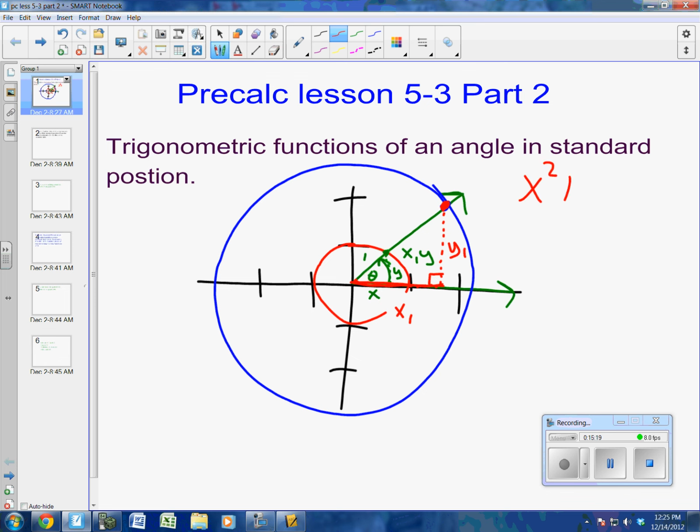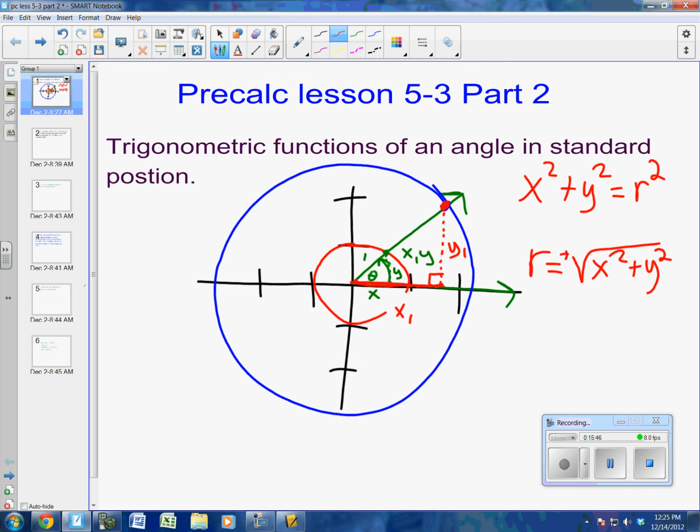Well, you guys remember the Pythagorean theorem? We'll call that the radius, because that's the radius of a circle. We can use the Pythagorean theorem because we have this distance here, the y distance, and the x distance. And what we do is take the square root of both sides, and so r is equal to the square root of x squared plus y squared.